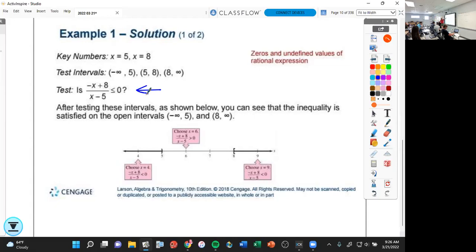So because x can be 8, notice there's a bracket here instead of a parenthesis. So again, on the intervals, it's always parentheses because you never want to test your key numbers into the equation. On your answer, pay attention. Can it be that number or not? Because now we're giving the intervals of the answer. And that's also mentioned on the next slide. I'm moving forward.